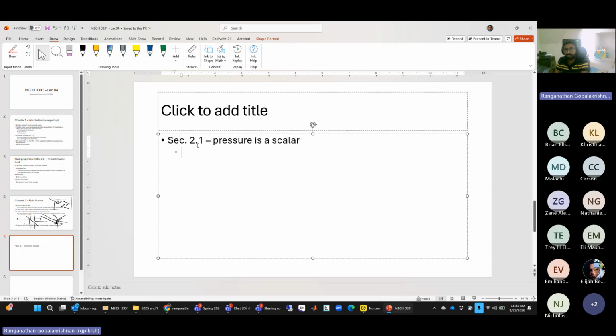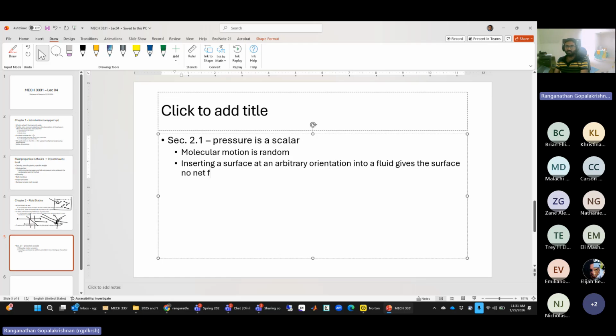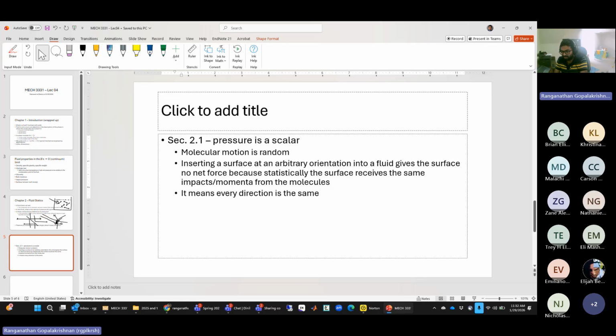But the more intuitive way of saying that pressure is a scalar is that molecular motion is random, so inserting a surface at an arbitrary orientation into a fluid gives the surface no net force, because statistically the surface receives the same impacts or momenta from the molecules. If the orientation is arbitrary, it means every direction is the same and there is no preference. And that's why pressure is a scalar.